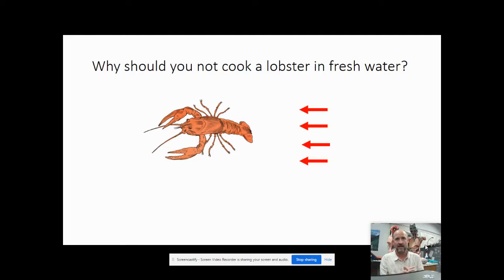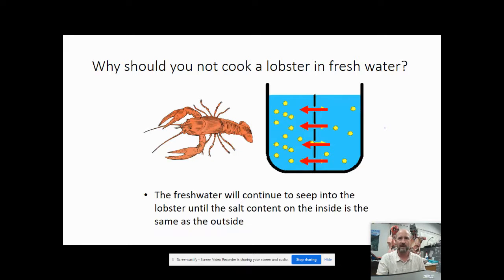So I threw it in the bathtub, and I'm all excited because I'm going to have this live lobster. Well, sadly, I came to eat the lobster later, and it was kind of oozing guts out of it. It was dead, and it kind of popped, and there was like fluid releasing from it. And the reason is because I wasn't paying attention to my osmosis. And what happened is, because my lobster was really salty water here, all the water from the tub rushed into the lobster.